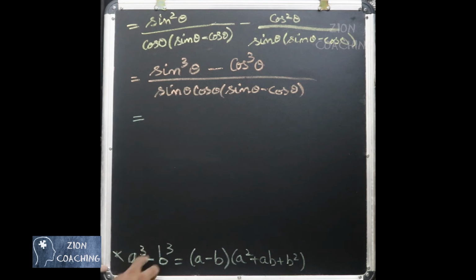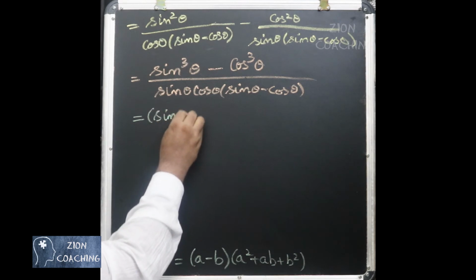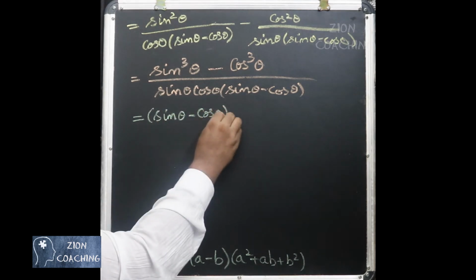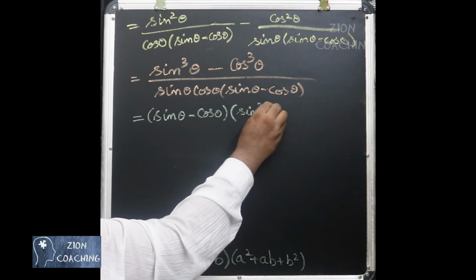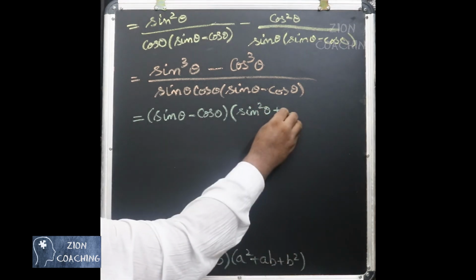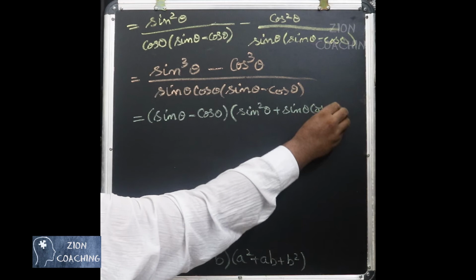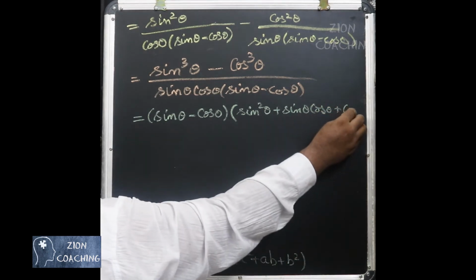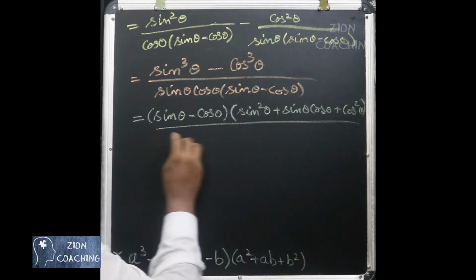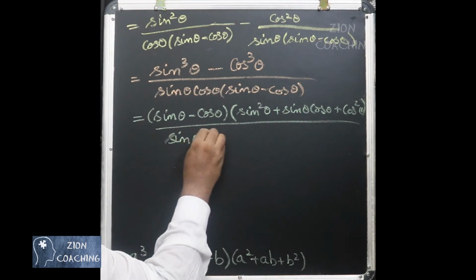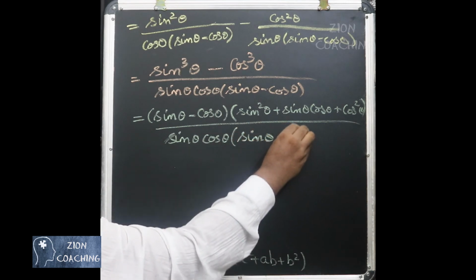So a cube minus b cube can be written as a minus b, that is sin theta minus cos theta, into a squared, that is sin squared theta, plus a into b, that is sin theta cos theta, plus b squared, that is cos squared theta, divided by sin theta cos theta into sin theta minus cos theta.